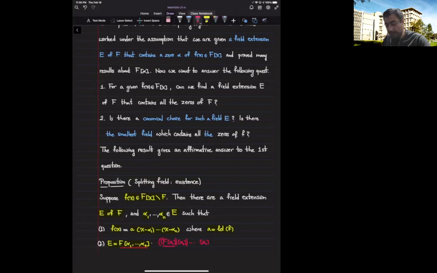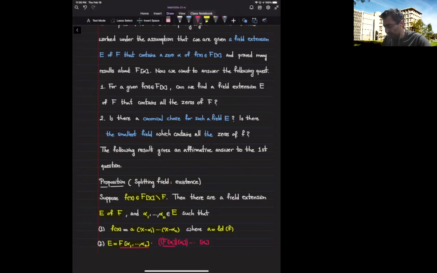An alternative way is by describing all the elements of such a ring and saying that this is indeed the image of the evaluation map when I evaluate a multivariable polynomial with n variables at the point alpha 1 through alpha n.